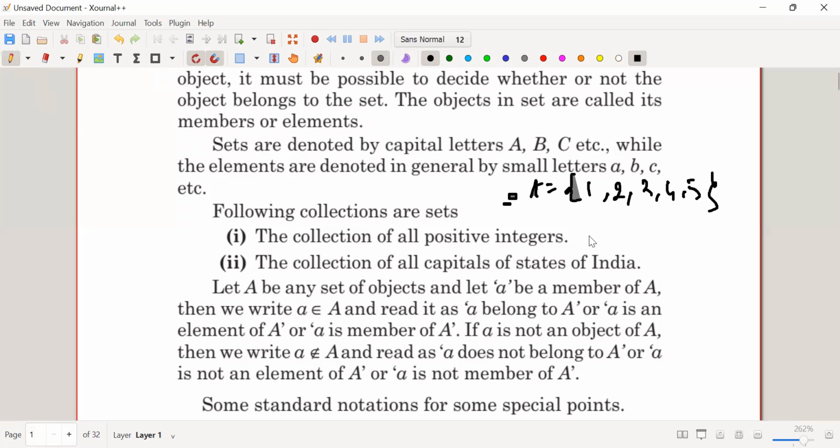That is not properly defining the set. It's like set A consists of natural numbers lesser than 6. Roster form. A statement: natural numbers lesser than 6.